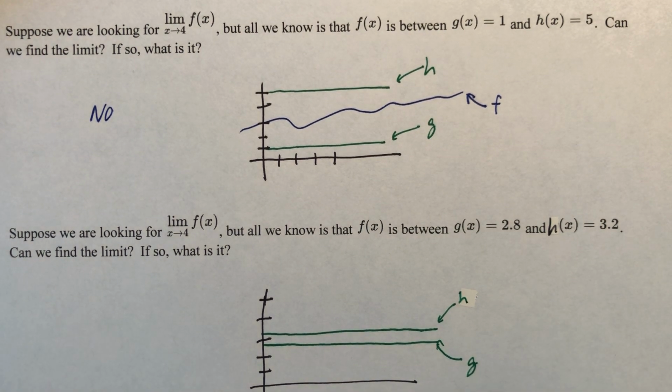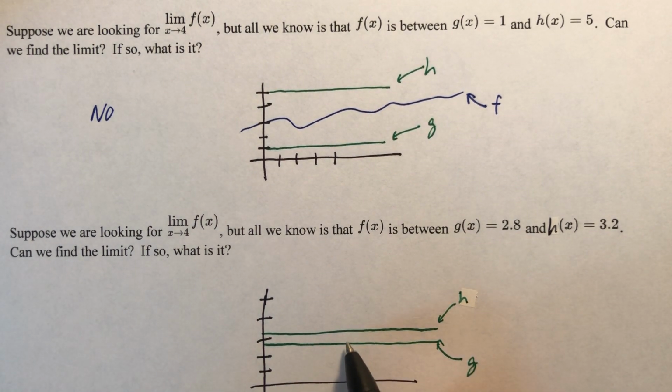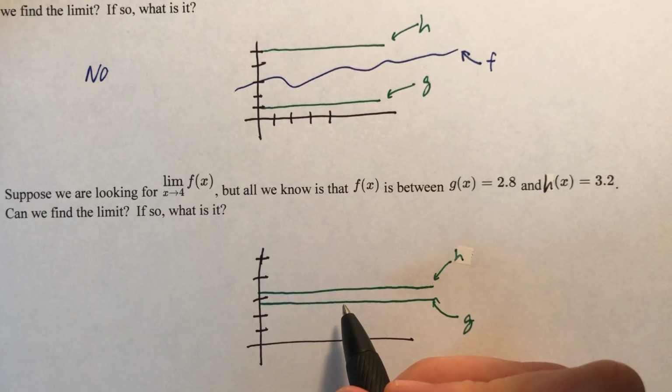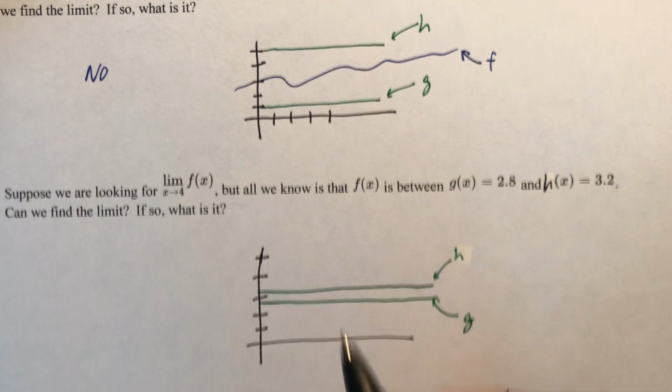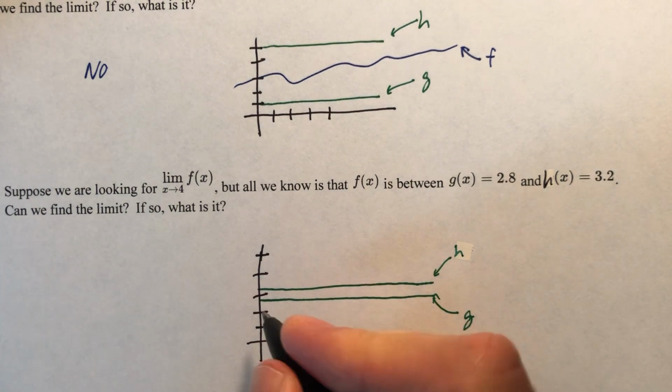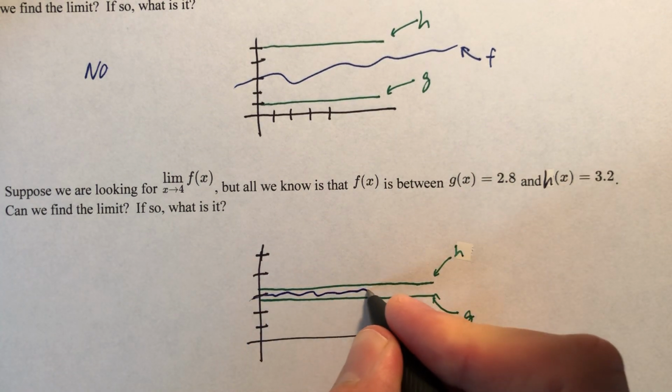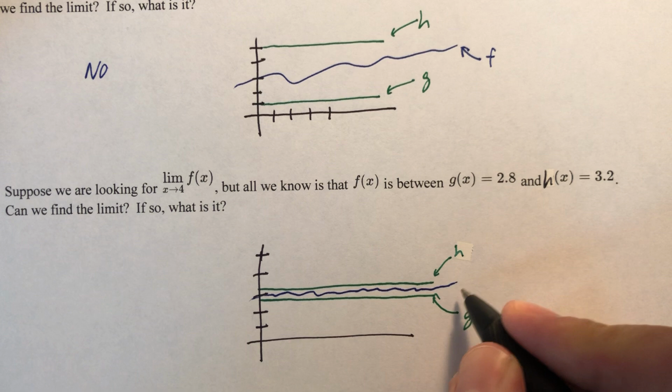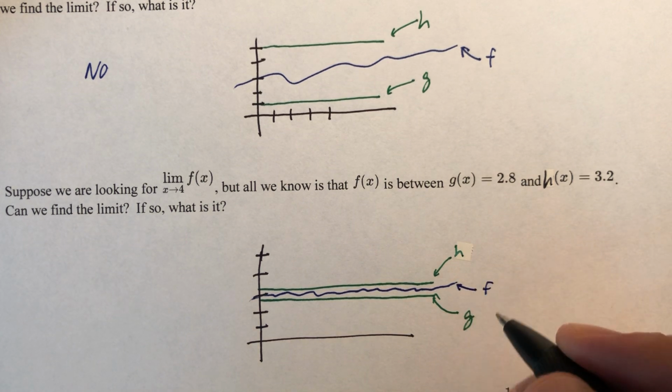And I know you're looking at this saying, oh, well, it's narrower. I can narrow it down a little more. But there's still an infinite number of numbers in between these two horizontal lines. So if I was to draw f any old which way I wanted to, but restricting it in between, I can make it a straight line. I can make it wiggly, whatever.